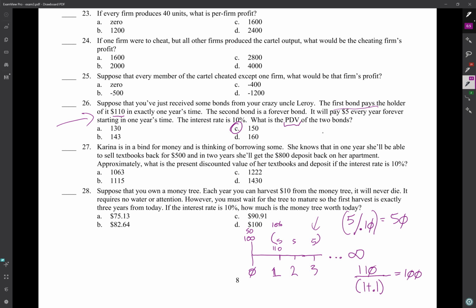So we'd have to adjust that. If the first one paid in time 3, and we did this formula here to get that 50, that would mean in time 2, that's what the value is. And then we'd have to discount that back a couple of times. So we'd have to say, well, that's worth $50 in year 2, but today it's worth 50 over 1.1 squared, because we'd have to go back 2 periods.